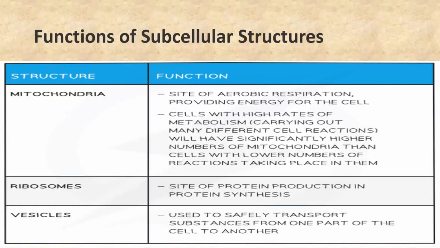Cells with a high rate of metabolism, carrying out many different cell reactions, will have a significantly higher number of mitochondria than cells with a lower number of reactions taking place in them. Why? As there will be a very high rate of metabolism. Many metabolic processes occur in your body, like digestion, excretion.